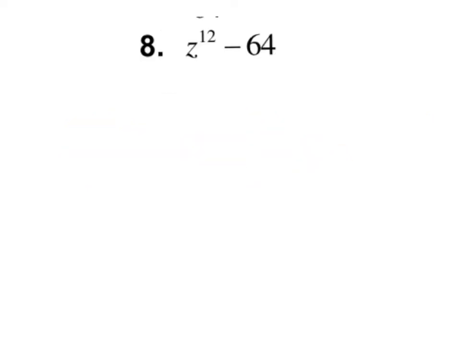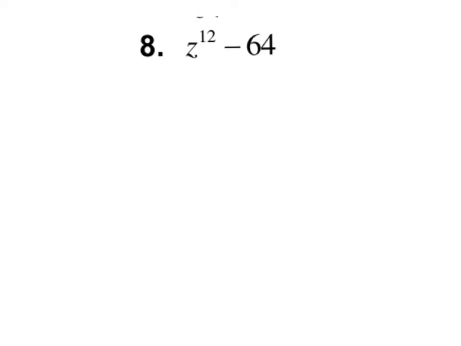Okay, so this is one that's kind of interesting. There's a couple of different ways you could go with this problem. First, is there a GCF? No. Okay, then they're being subtracted. Are they both perfect squares? Yes. Are they both perfect cubes? Yes. So you could treat that as a difference of squares or a difference of cubes.